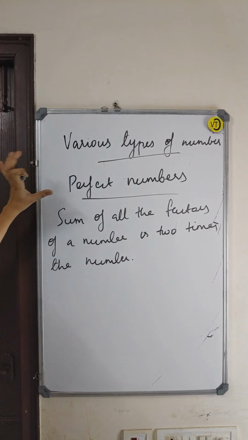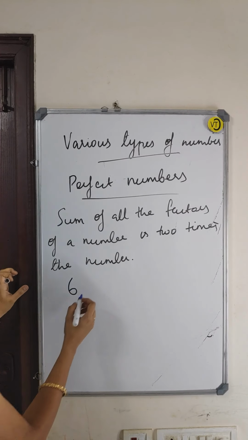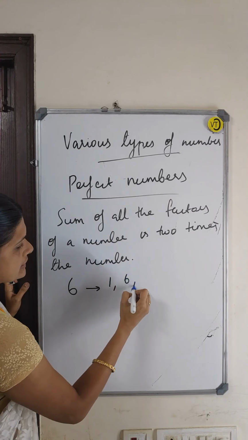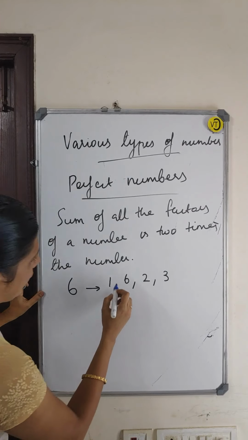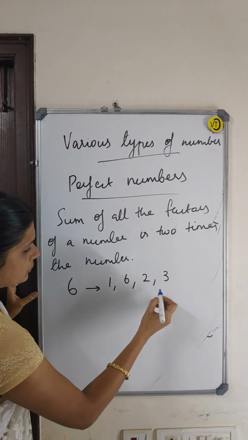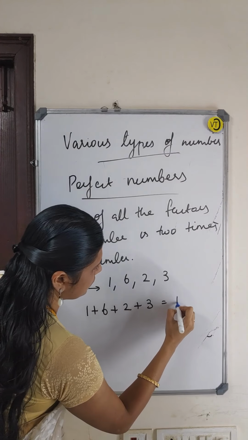Listen, in the sense of perfect number, 6 is a perfect number. Why am I telling this? See, first you write the factors: 1, 6, 2, 3. Add it: 6 plus 1 is 7, 7 plus 2 is 9, 9 plus 3 is 12. So 1 plus 6 plus 2 plus 3 equals 12.